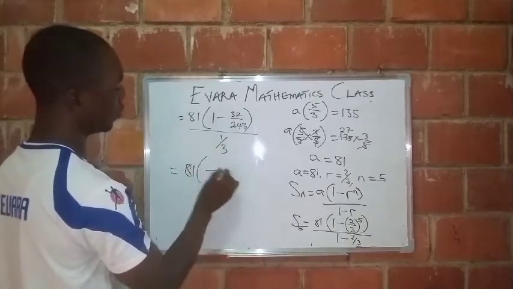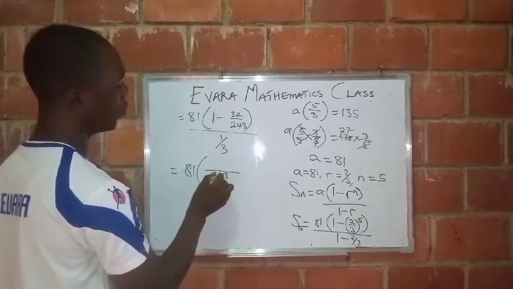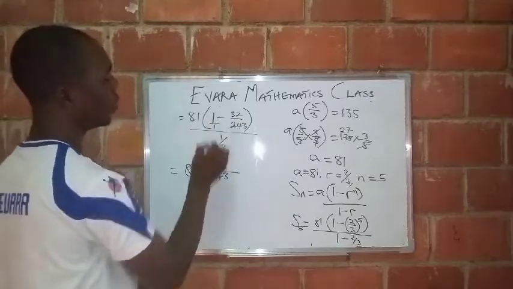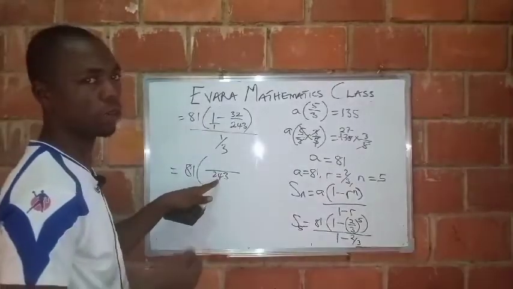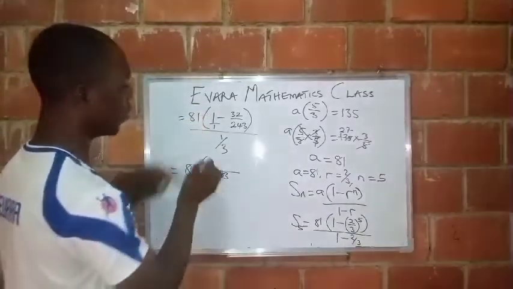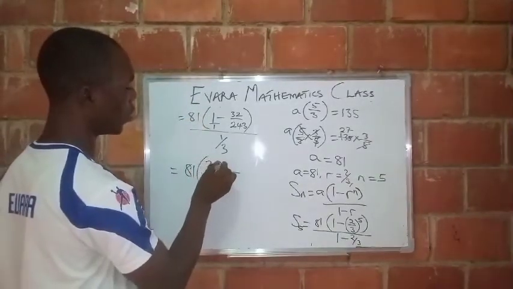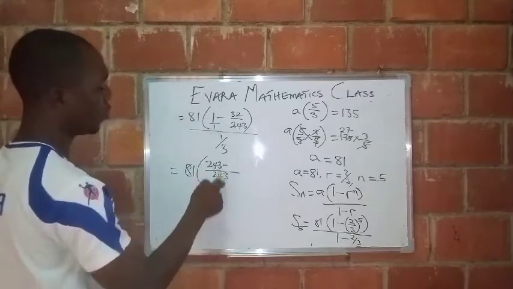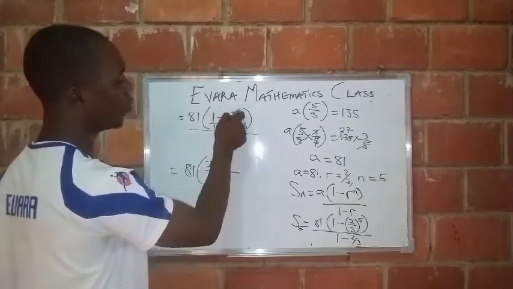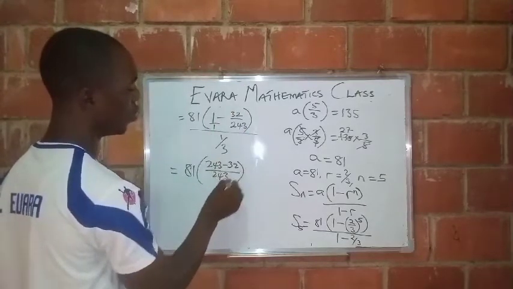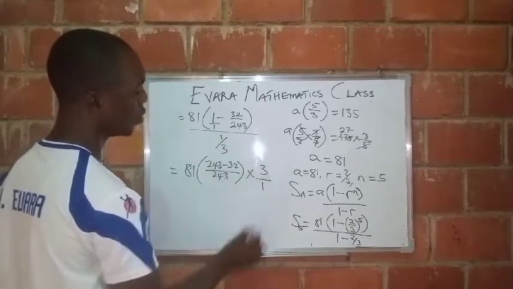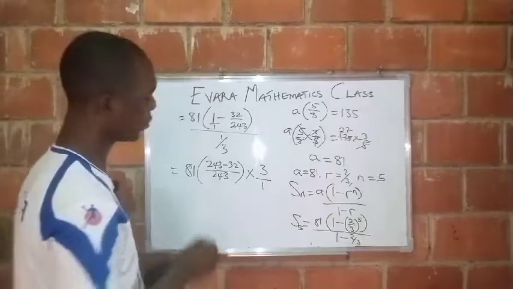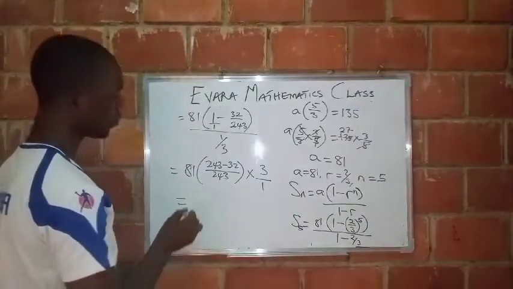Here, if you get the LCM, you have 243. This one is equally 1/1. So 1 in 243 we get 243, multiply by 1, that is 243. Minus 243 into 243 is 1, multiply by 32 is 32. So divided by 1/3 can equally be written as times 3/1.